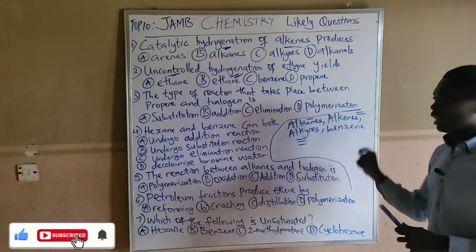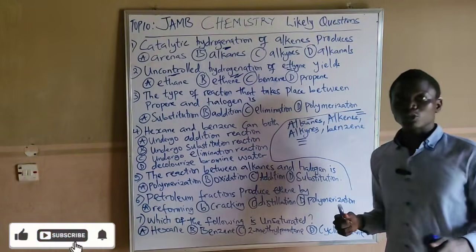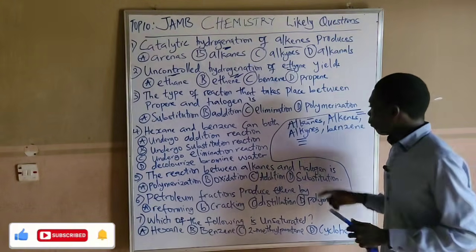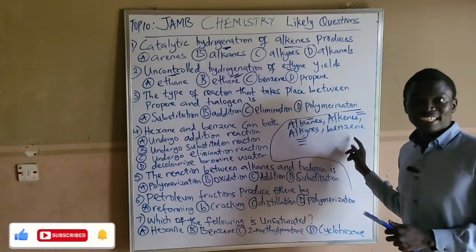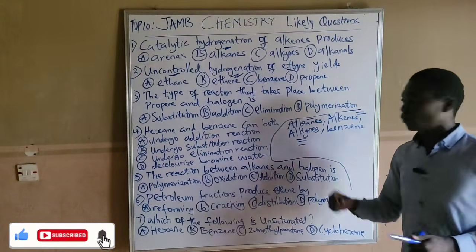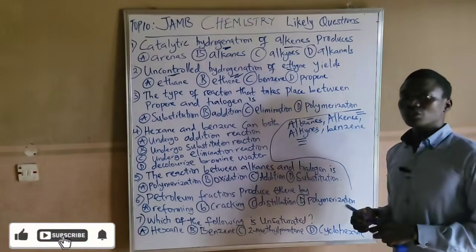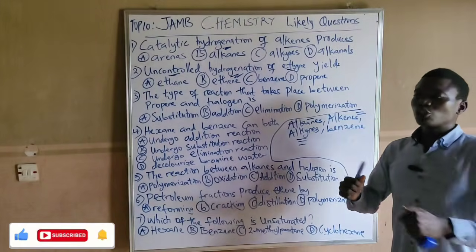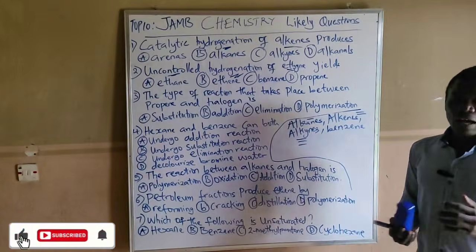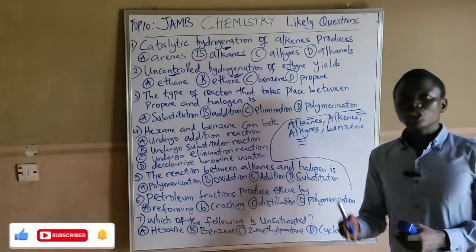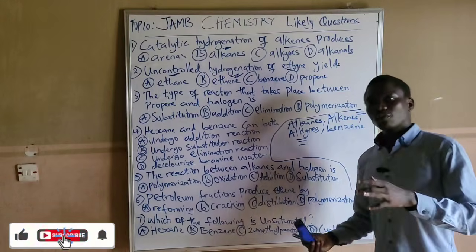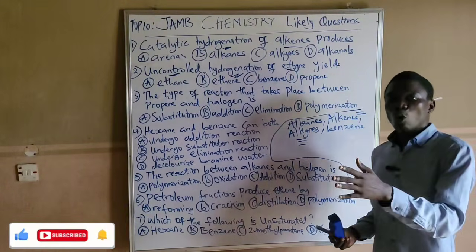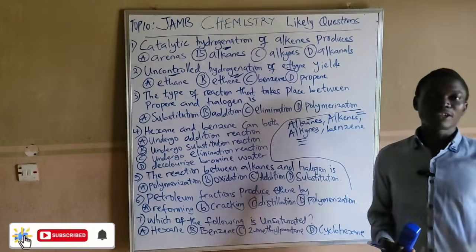But benzene undergoes both addition and substitution reaction. Usually, take note of this, benzene prefers substitution reaction rather than addition reaction. The reason is that addition reaction usually damages the benzene ring, but substitution reaction does not. So because of that, benzene prefers substitution reaction.